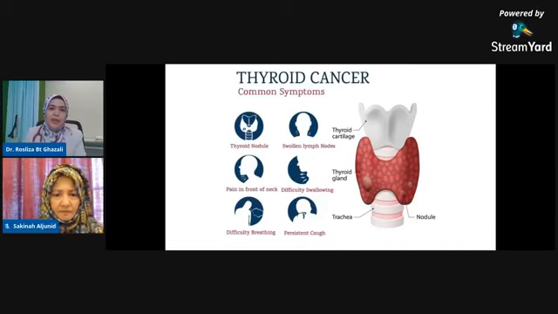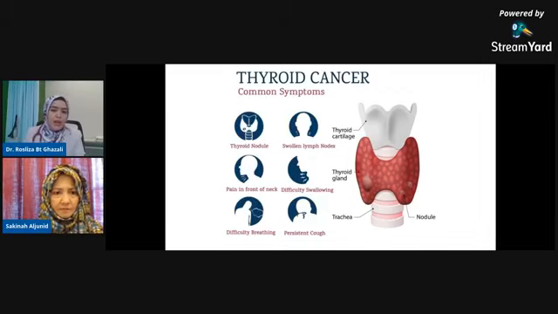And then you tend to have an irritative cough, because the thyroid gland already compresses your airways and your tempat makan, your esophagus. So that's why you tend to have those symptoms.